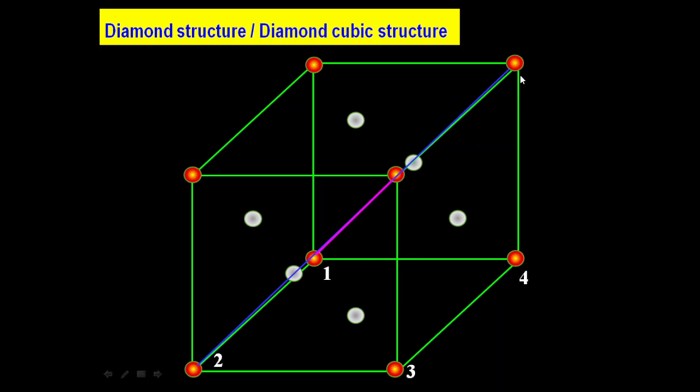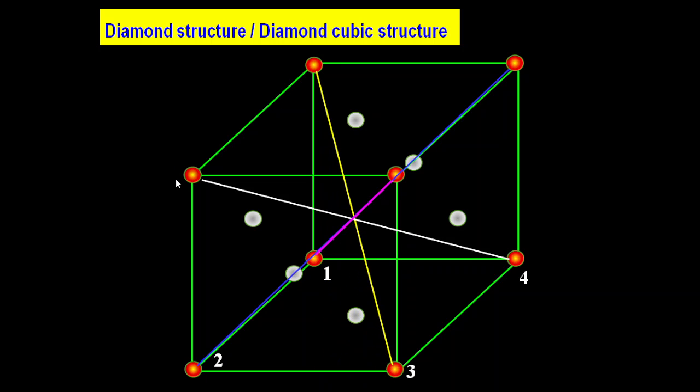So this is diagonal number 2. For the third diagonal, I have joined this 4th atom to this atom. This is the third diagonal, and for the fourth diagonal I have joined this third atom to that. So with the help of 8 corners we can construct 4 diagonals, and only 4 diagonals can be constructed within this face centered cubic unit cell.